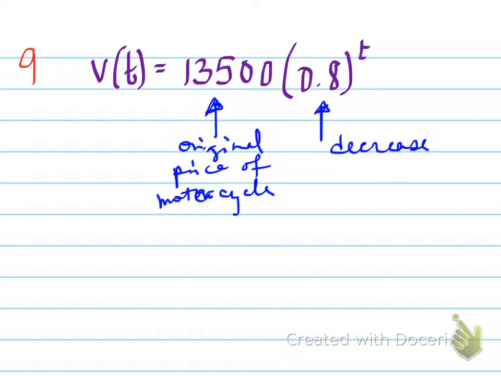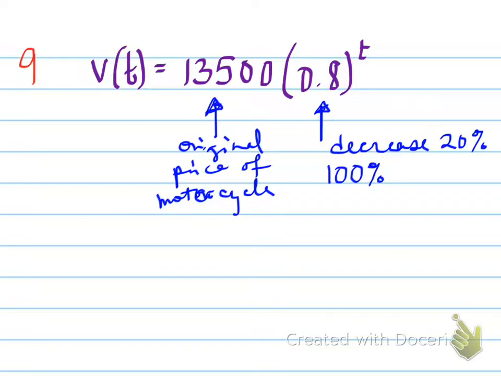Okay, now let's look at the equation. The 13,500 means that it was the original price of the motorcycle. The 0.8 implies that there's a decrease. Why is there a decrease? Well, think about it. The product went down 20%. When you start with something, you start with 100% of an item, right?